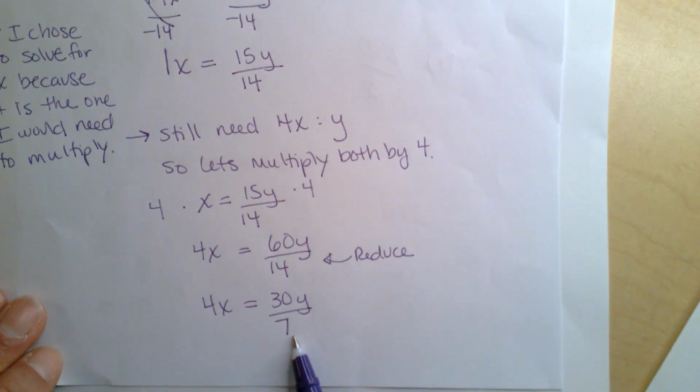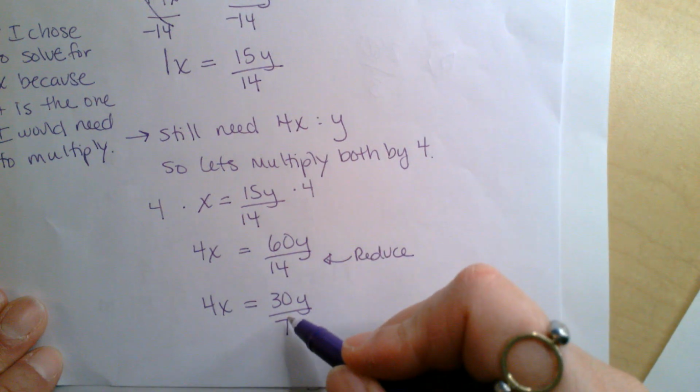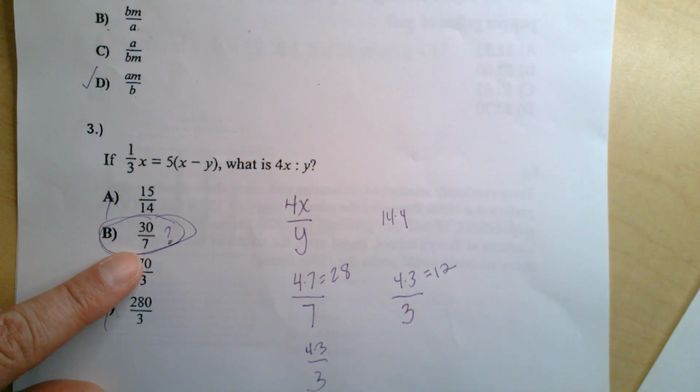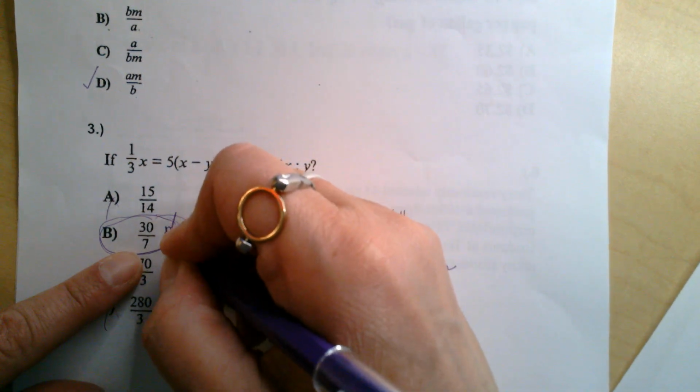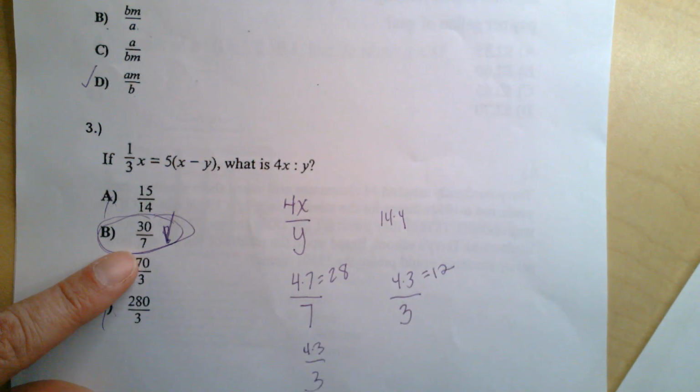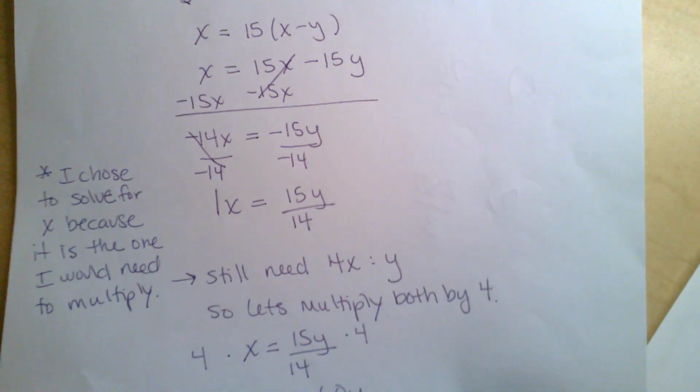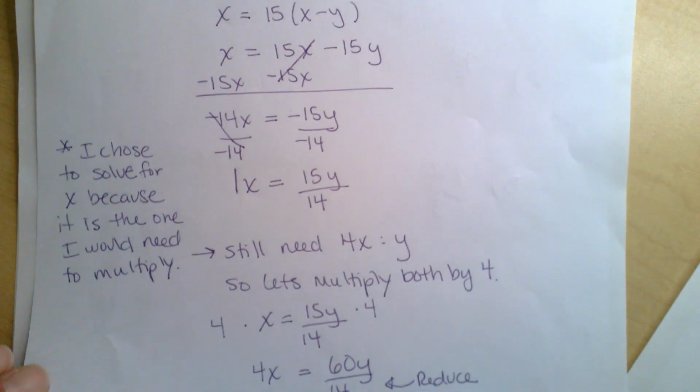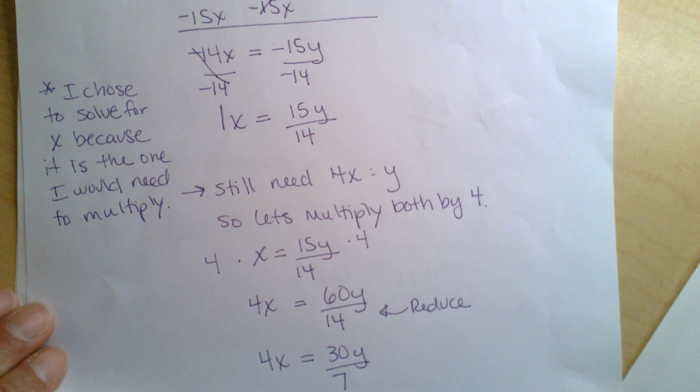I reduced to get 30y over 7, and that was our answer. 30 over 7, sorry, 30 over 7. So this was our answer that we saw here, 30 over 7. So you could do it either way, if you wanted to do it the solving way, or if you wanted to think through it, either one works.